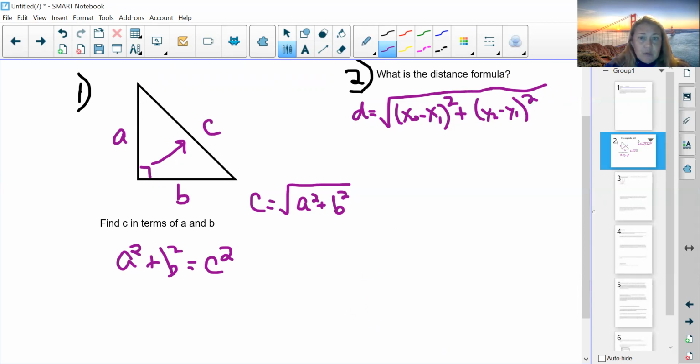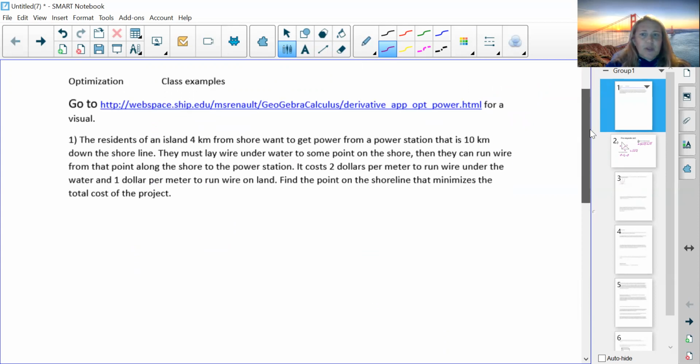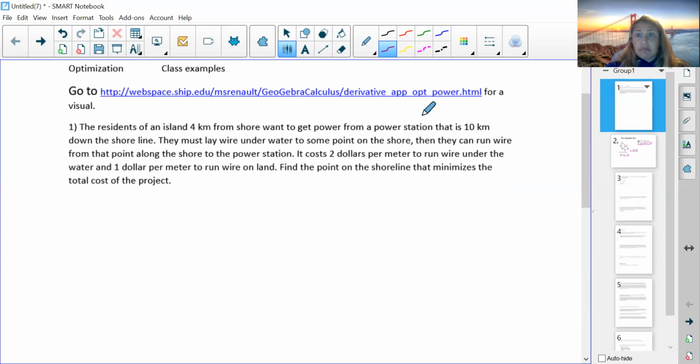So now that we've reviewed these concepts, let's go on to this first example. There's an applet to go along with this, so I would encourage you to log in, or you can just watch my demonstration.